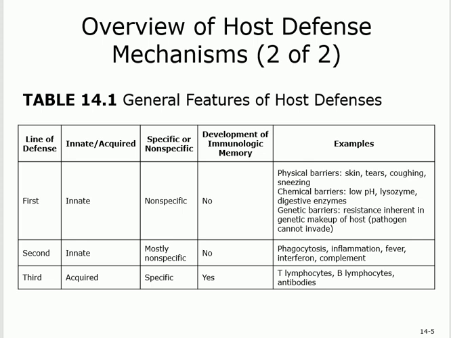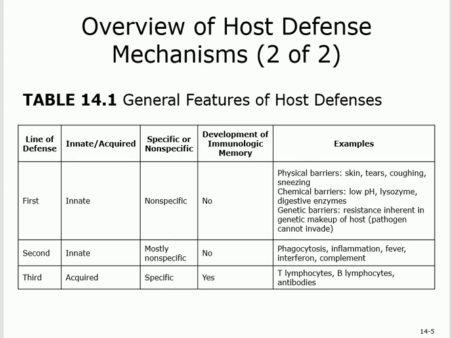The other difference is that non-specific does not include memory. You don't remember what's happening. You take care of something, and when it happens again, you don't remember what happened before. You just take care of it blindly. While the third line, we will have a memory, and we will discuss all the details.